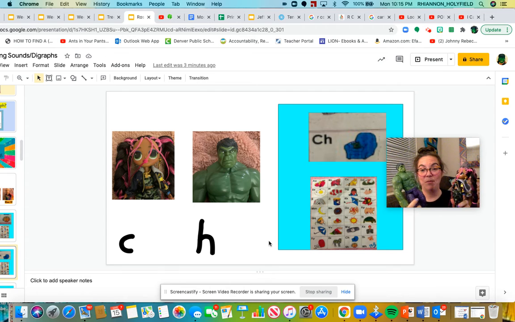And every time they saw each other, they'd start to sneeze. Do you hear that sound at the beginning? That's right, just like at the beginning of chair. So they had to stop hanging out because it seemed like they were allergic to one another or had a really bad case of the sniffles every time. But when you see a C and H together, most of the time they say ch.